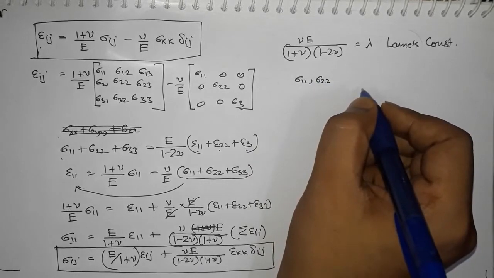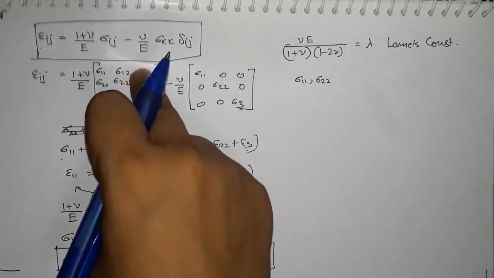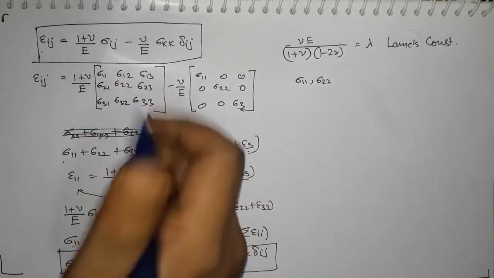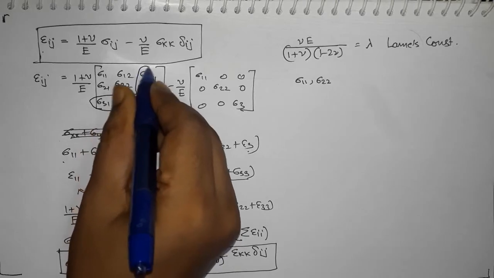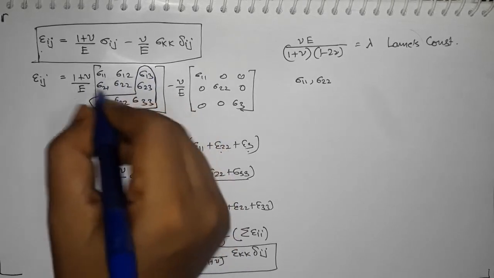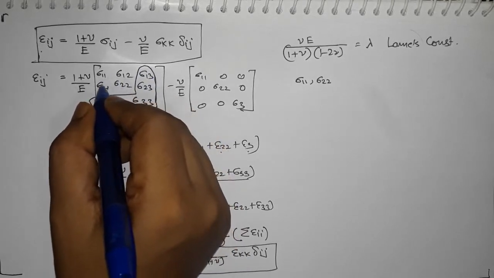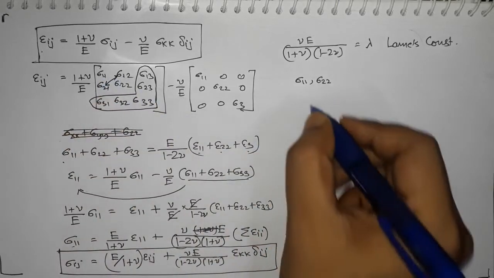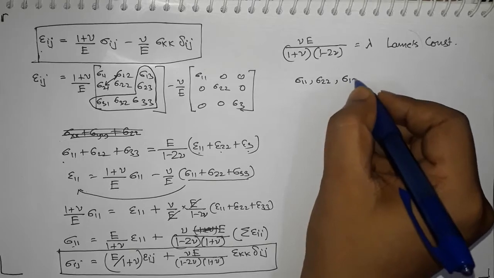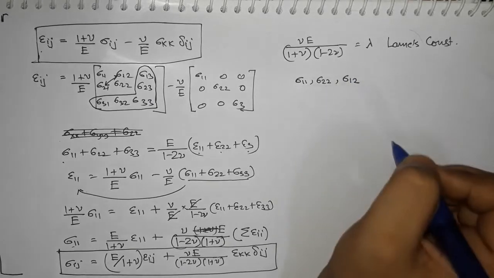Sigma 3 3 is 0, and all this is 0 in plane stress, right? So we have only 4 components, and because of symmetry this one is equal to that one, so we have 3 components, which are sigma 1 1, sigma 2 2, and sigma 1 2.